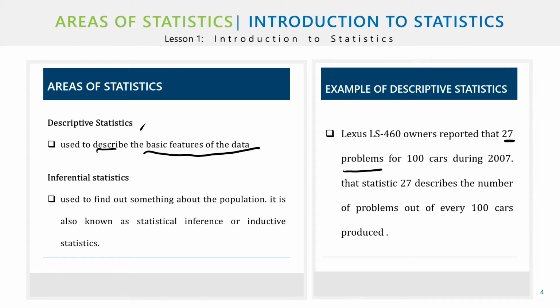Ang na-encounter nila is 27, which means 27 out of 100 cars experienced problems. Okay? 27 out of 100 cars of Lexus LS 460 encountered a problem in 2007. So if you are just describing the data itself, that is what we call descriptive statistics.